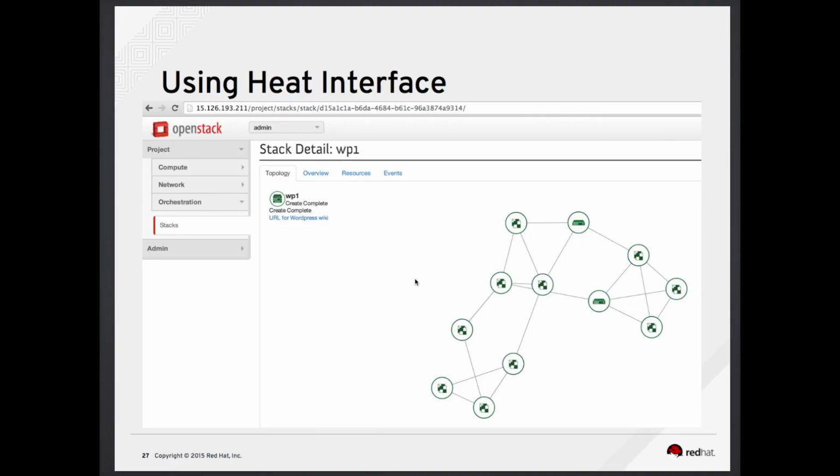Now, in the Heat environment, we can go ahead and see this in that Heat interface and see the various elements being tied together. Each of these little circles represents one of those resources that's been tailored by the cloud operator. For example, certain groups within our organization could be limited to only deploying a certain number of VMs, CPUs, or RAM.